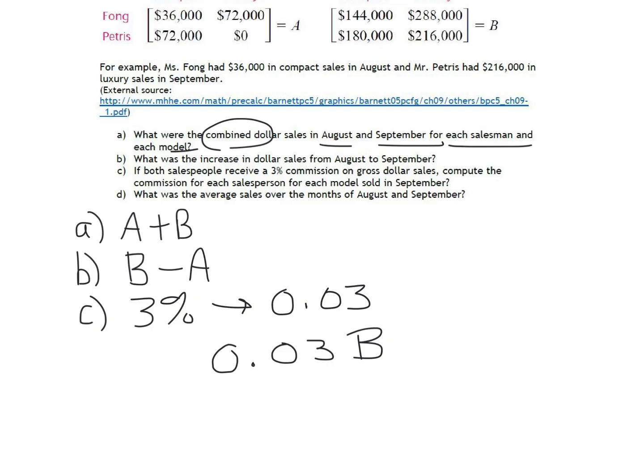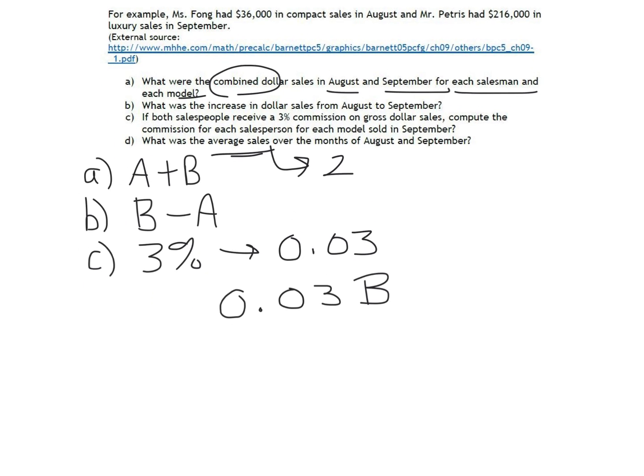Let's see about D. It says, what was the average sales over the months of August and September? So remember, average, we're dividing by the number of points we have, in this case the number of matrices we have. So we have two matrices, A and B. We already in A have that addition matrix, right?